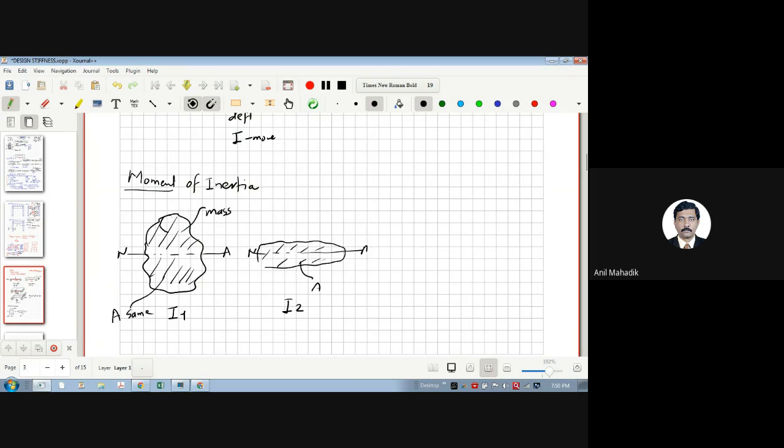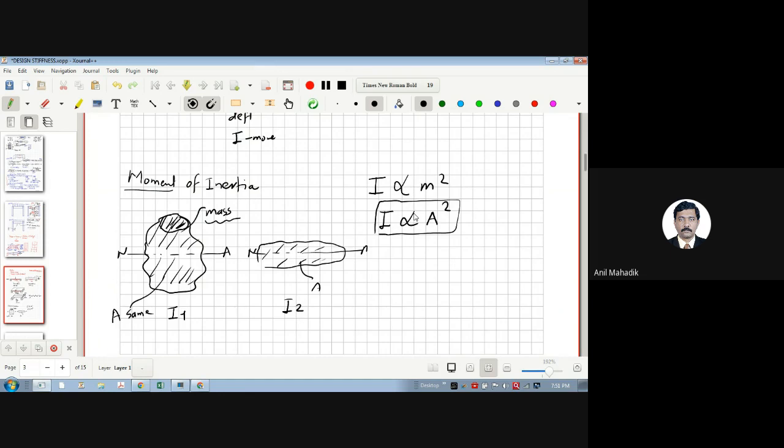Theoretically speaking, moment of inertia is a property, and we can say it is directly proportional to mass squared, or for geometrical shapes, to the area squared.